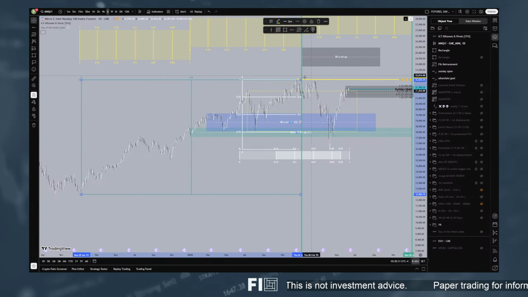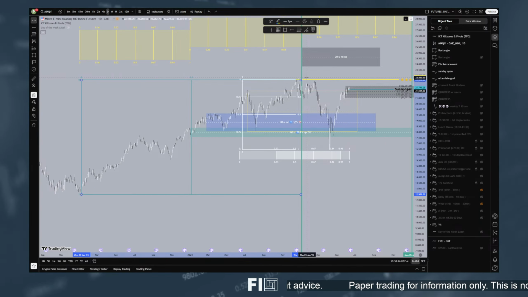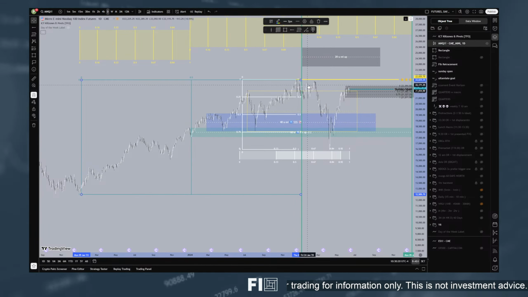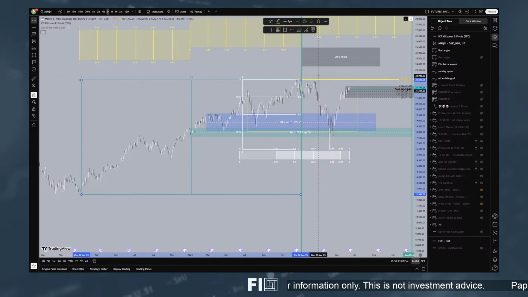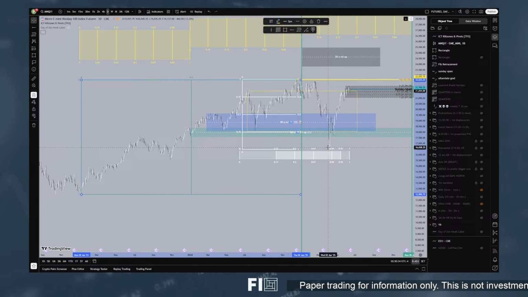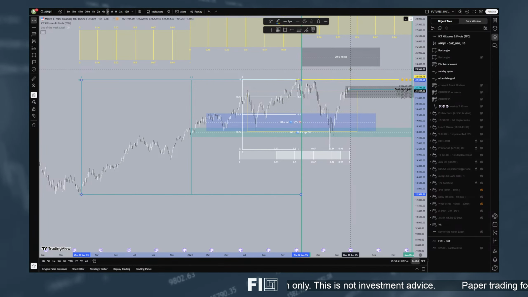Since this high is considered an internal range liquidity, because it's based off this high and this low range, if price had dipped to the high here earlier, to the internal range liquidity, it could have been used to target this external. But since it didn't, we're using it to target internal first to target external. So price has to aim for internal range liquidity first before it can aim for something external.